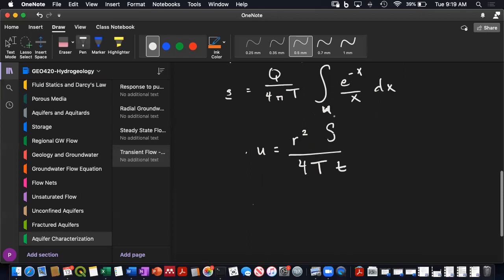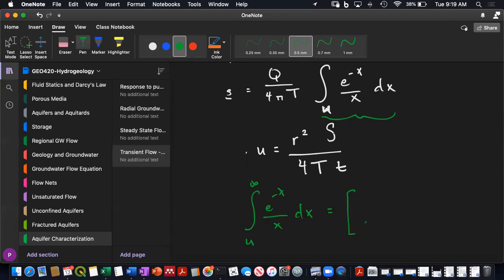So if we focus in here on this integral from u to infinity of e to the minus x over x dx, it can be approximated with an infinite series. All right, a power series.